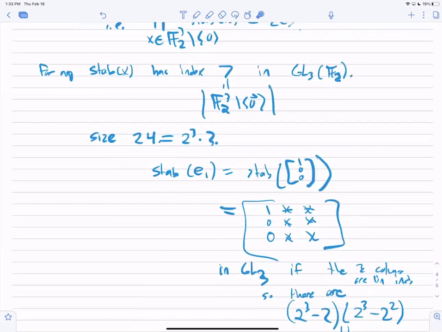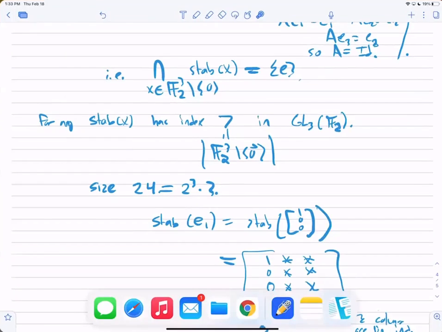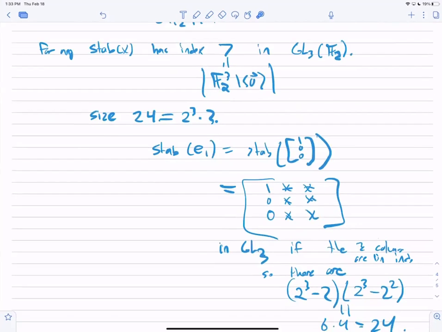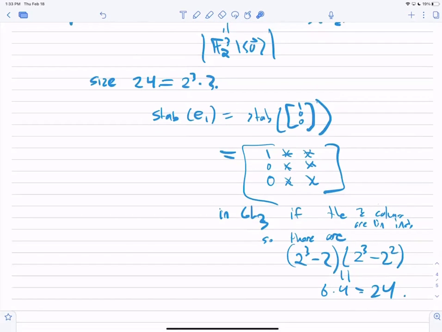Okay. So good. We won't use this, but it's useful to see this picture that this is just matrices you can write down. And the stabilizer of any other element is just a conjugate of this, since stabilizers for a transitive action are conjugate.